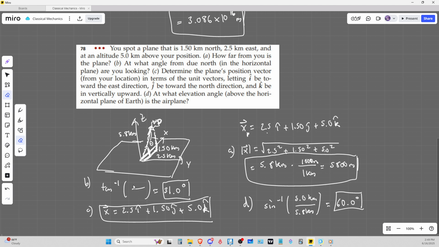Apparently they switched these. That's the reason why I got these wrong. So, let me think. Apparently they have 2.5 up here, 1.5 down here. So let me see.